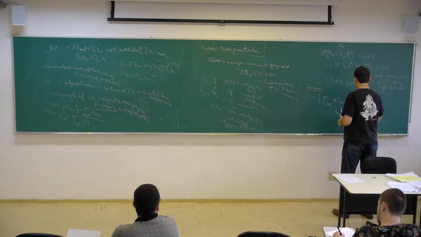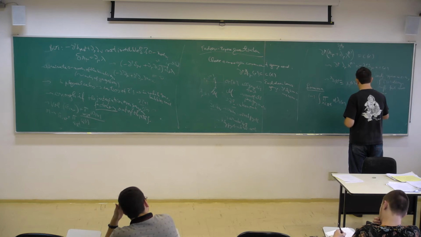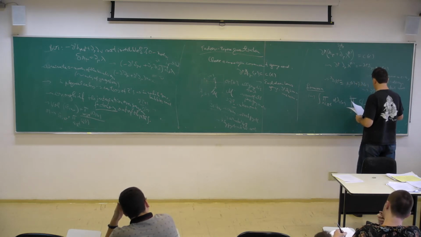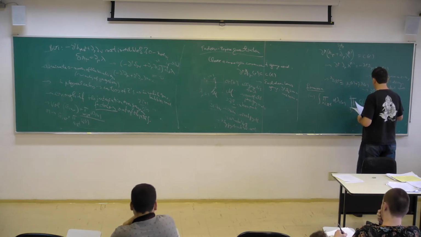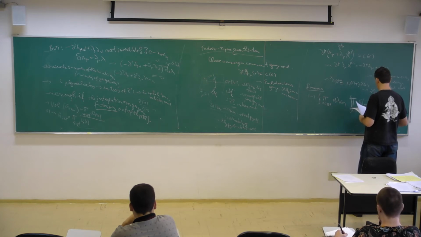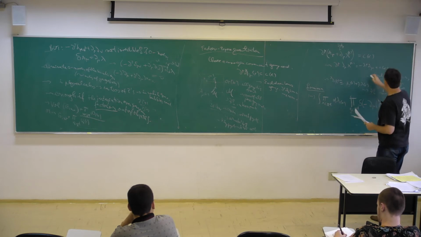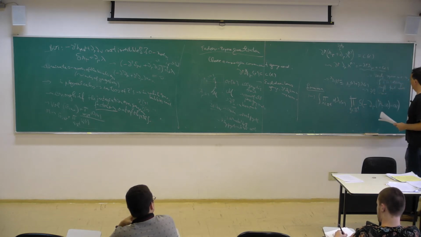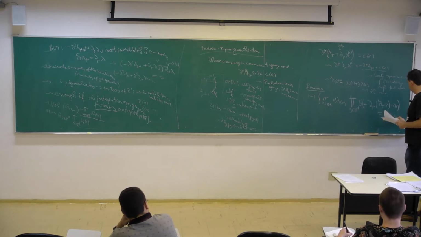Times the integral times the product of y of delta of minus d mu A mu lambda of y plus C of y. So this thing, where A mu lambda is the transformed A mu, is equal to 1 over determinant of minus del squared.